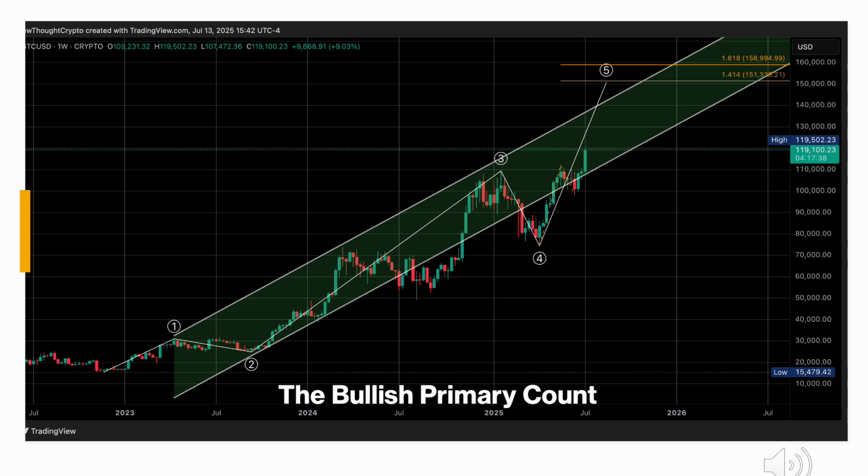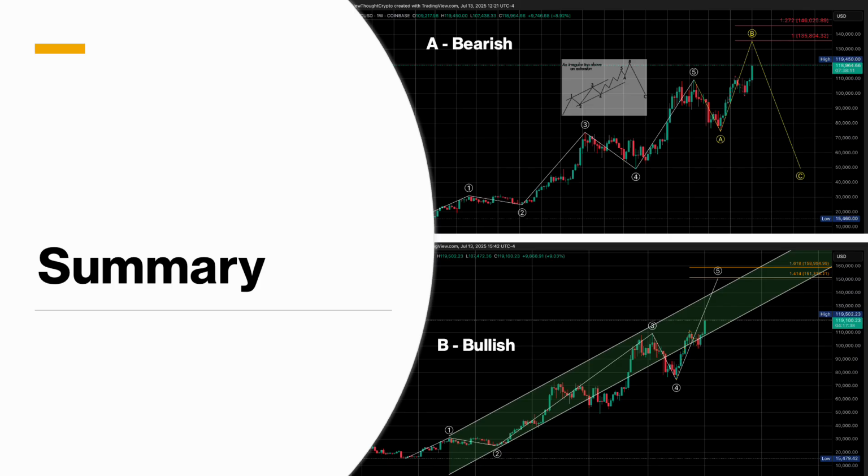If this count is correct, Bitcoin is currently at wave 3 of 5, which could easily take Bitcoin's price to $130,000, even more before making another pullback. Summary: according to option A, the bearish count, Bitcoin is not likely to substantially surpass the $140,000 mark. In comparison, option B leaves the door open to much higher prices, possibly as high as $160,000.